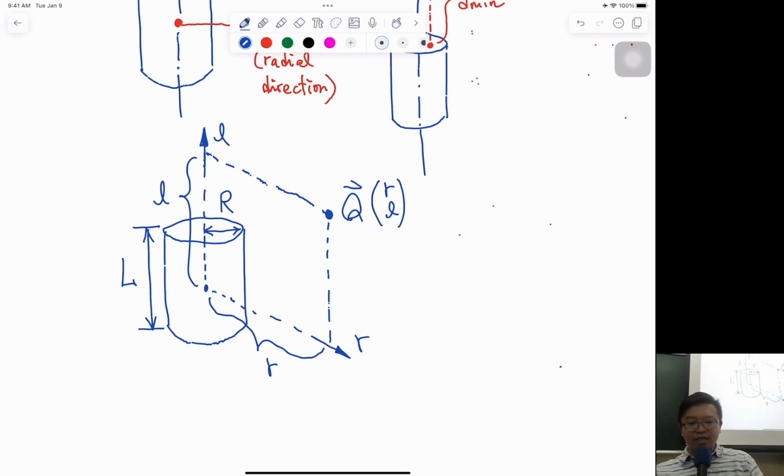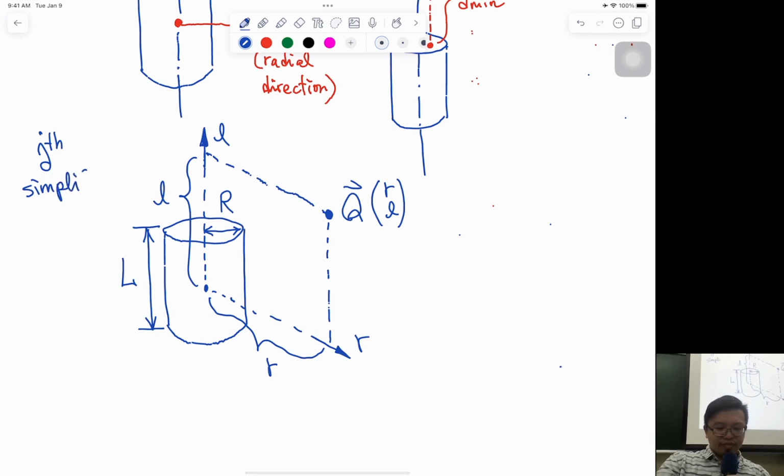So since I said we have multiple joints, that means we have multiple parts. So let's call this the Jth simplified cylindrical model.